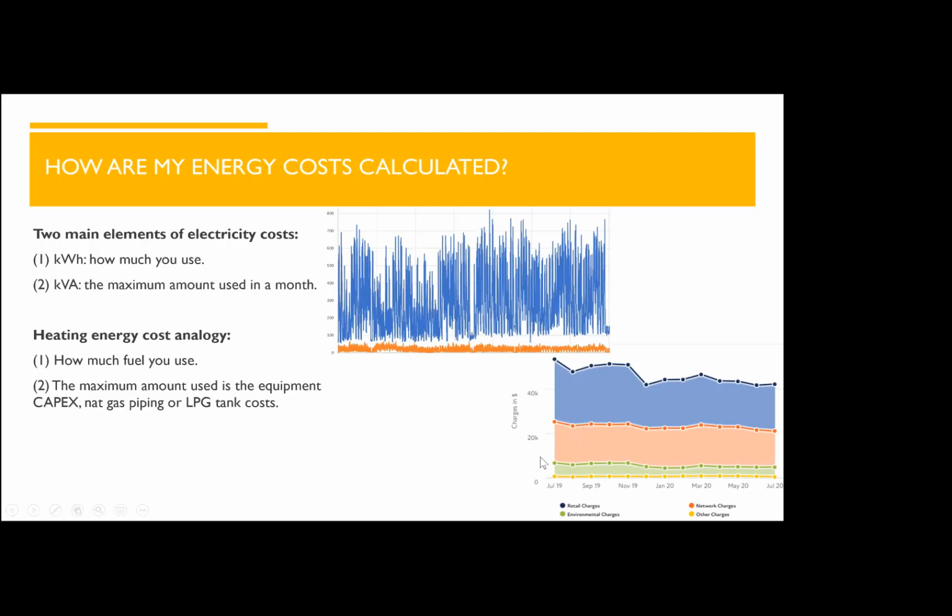But this network charge has continued upward pressure to keep the poles and wires energised. Environmental charges tend to be reasonably stable at the moment. We don't know what will happen after 2030, but through to 2030 should be reasonably predictable. And then there are these other daily metering charges as well.